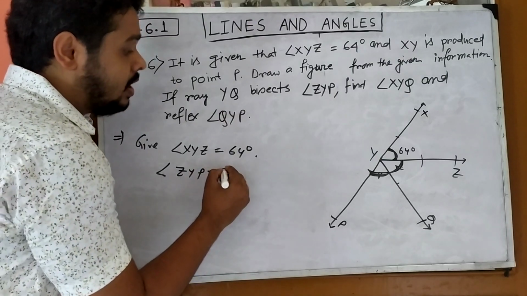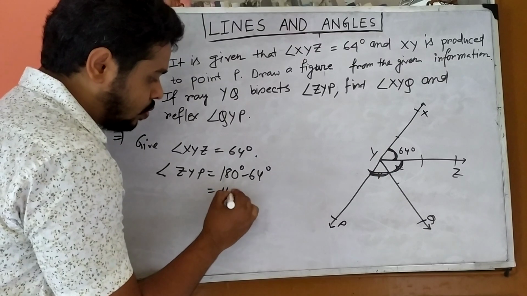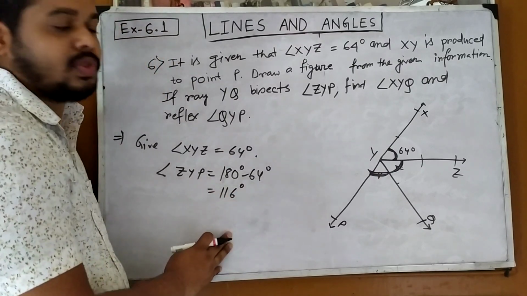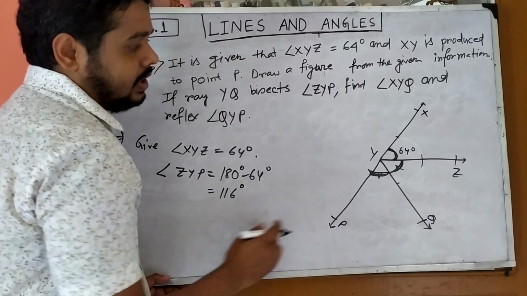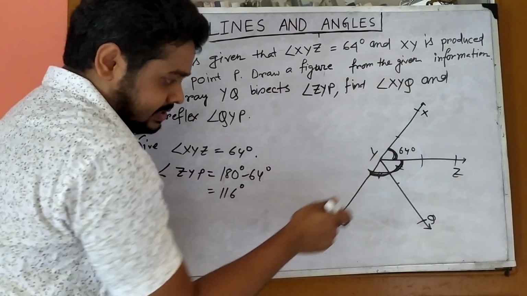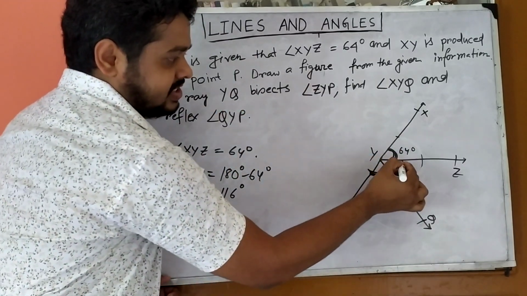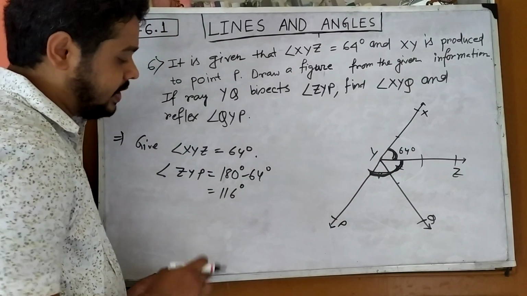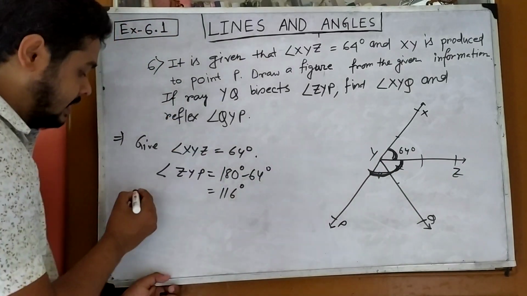ZYP will be 180 minus 64 equals 116 degree. Why? By the angle sum property, the sum of these two angles is 180, as XP is a line. If this one is 64, the other is 180 minus 64, that is 116.